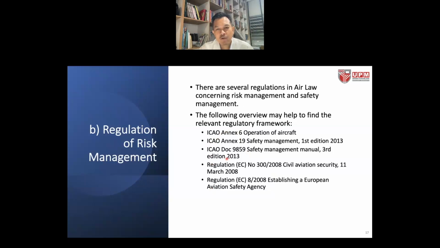This is just a handful of examples. ICAO Annex 19 on safety management, and then we have civil aviation security, we have the European Aviation Safety Agency, and we also have our very own CAM safety regulation for Malaysia.